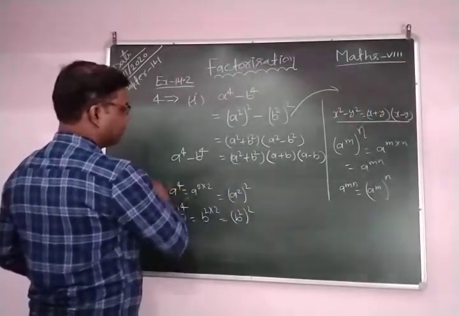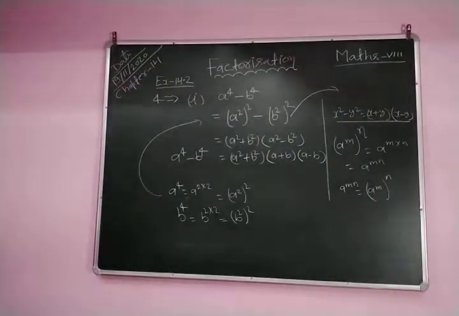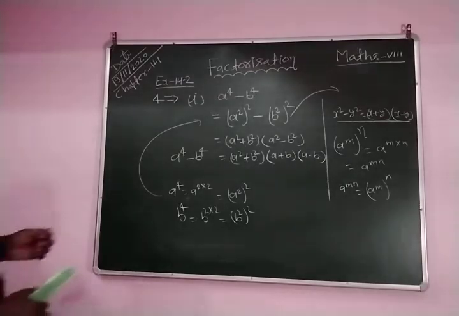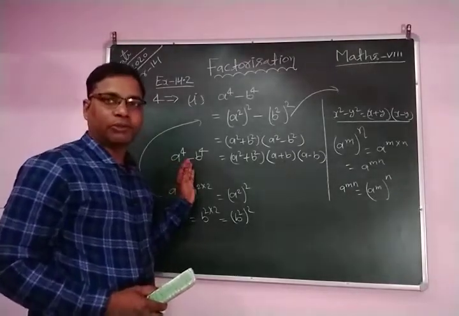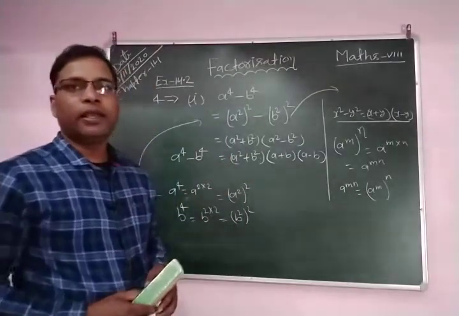I hope all of you understood this question. The first part of question 4 is to find the factorization of a power 4 minus b power 4. You find the factors of a power 4 minus b power 4, which is equal to a square plus b square into a plus b into a minus b.